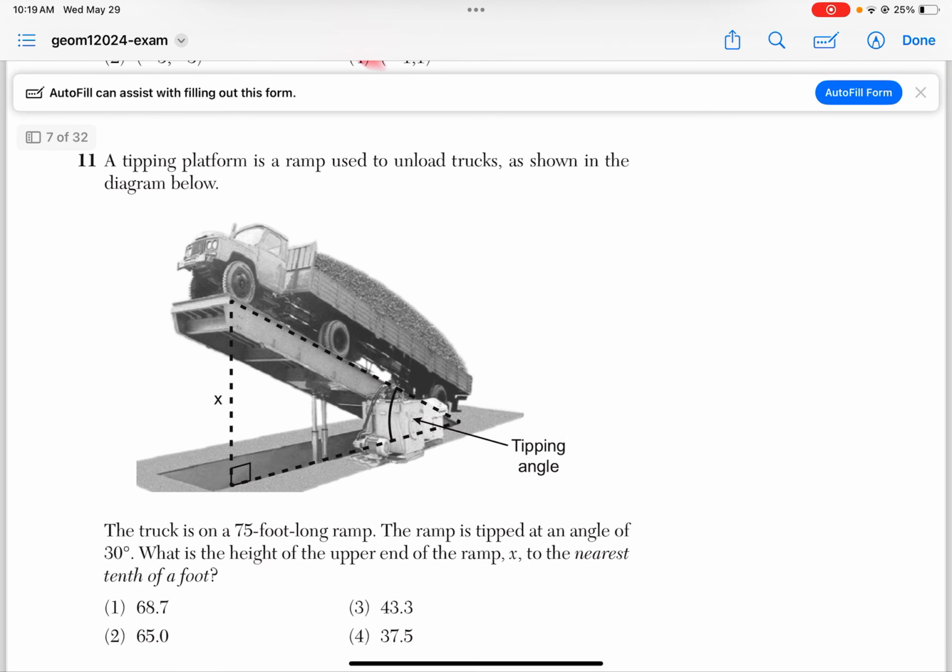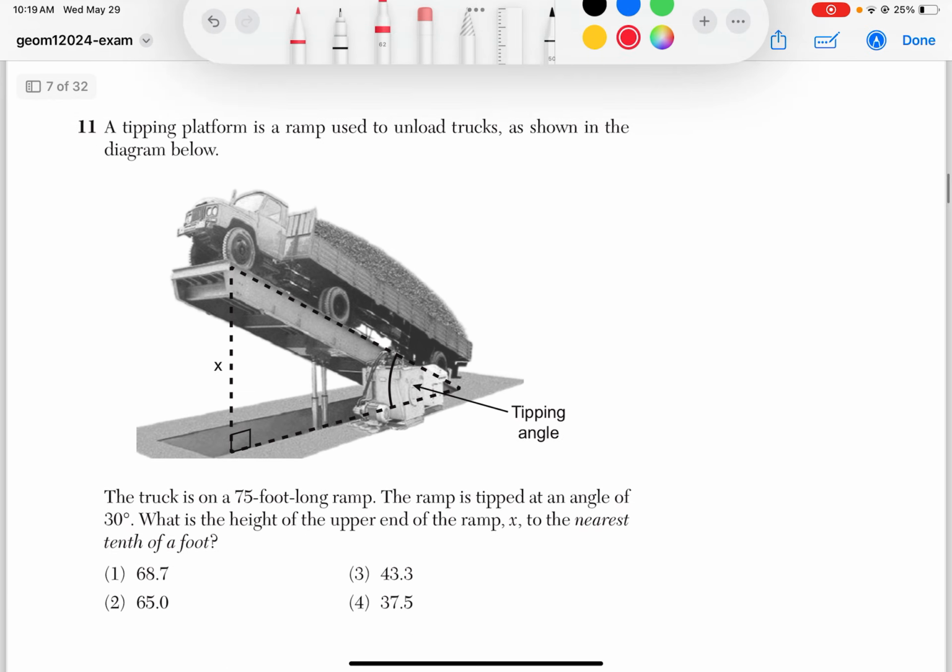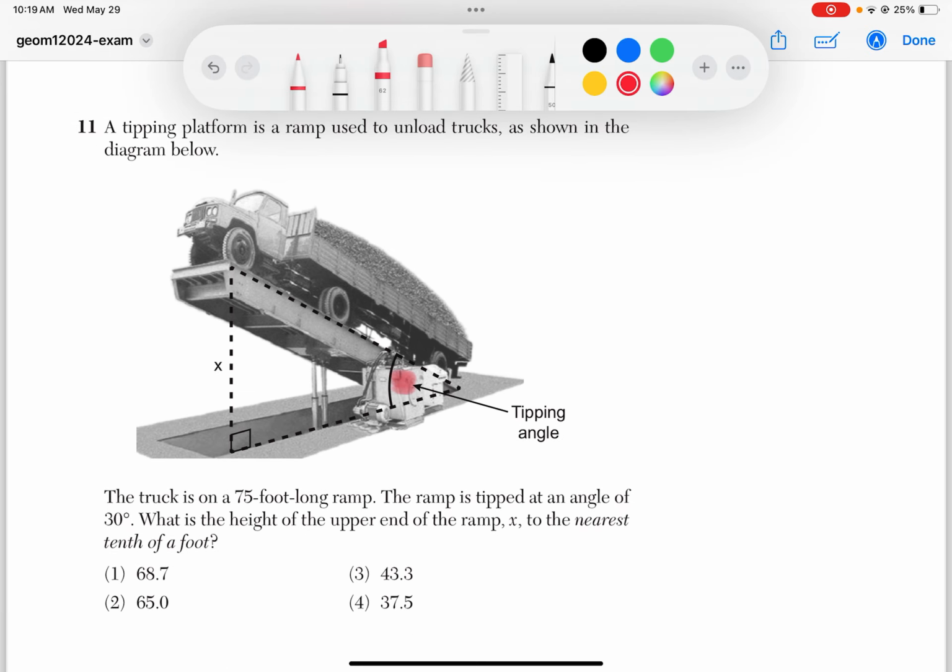Number 11, a tipping platform, which is a right triangle. We have an angle of 30 degrees. The height of the upper end of the ramp, which they've labeled for us, is X, to the nearest foot. And the truck is on a 75-foot long ramp.